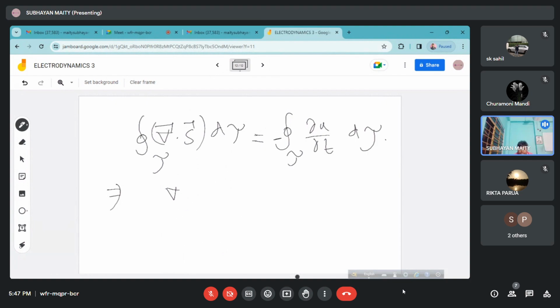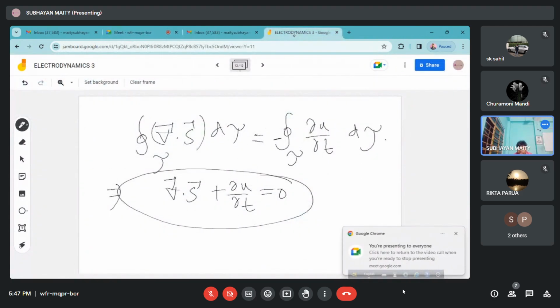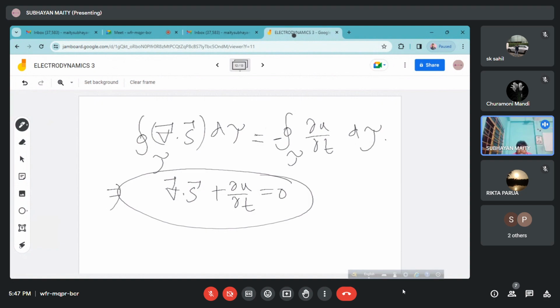As d tau is arbitrarily chosen, the divergence of S plus del U by del T is equal to 0, which is the differential form of Poynting theorem. This Poynting theorem is the modified circuit theory or modified KVL. And this S is called the Poynting vector. So what is S now? S represents the intensity of electromagnetic energy.